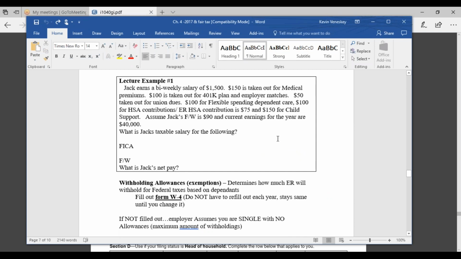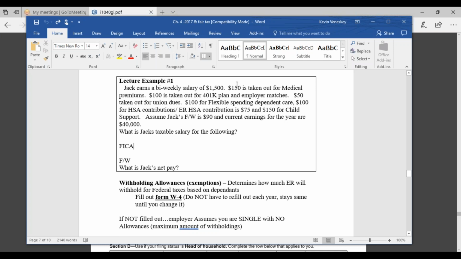Okay. Our next is the first lecture example number 1. All I want you to do is figure out what is Jack's taxable salary for each of the following. When we have somebody here who earns $1,500, what we're going to start doing for each of these categories is subtracting out items that are not taxed.